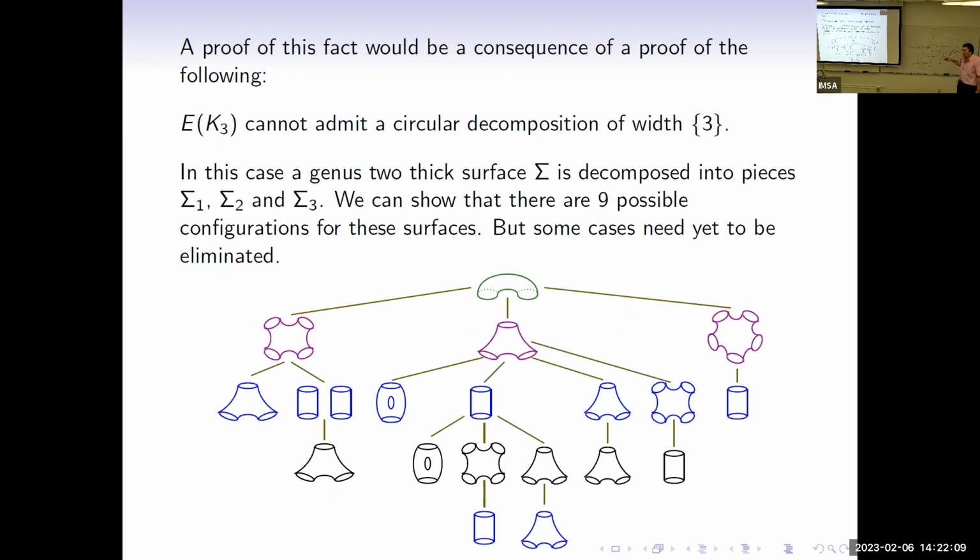I think there is only one remaining case that cannot be ruled out because there is a possible weak incompressible surface containing this part.